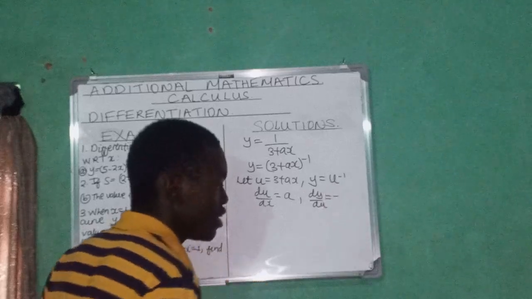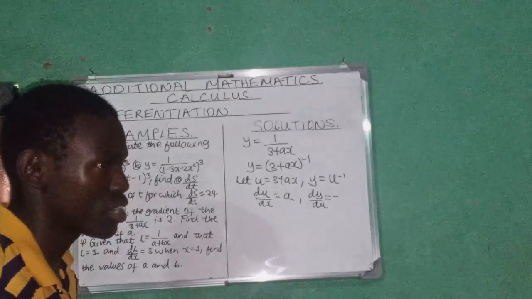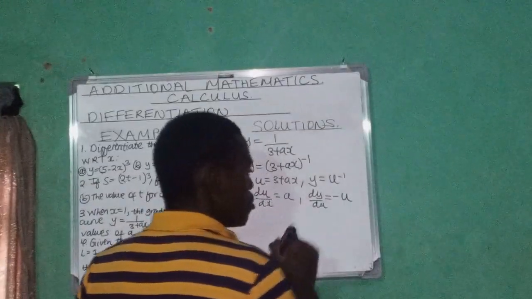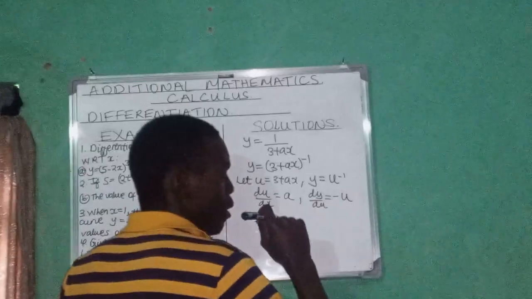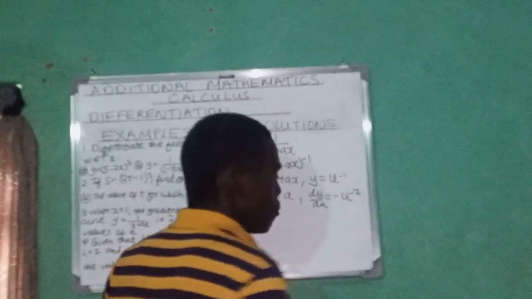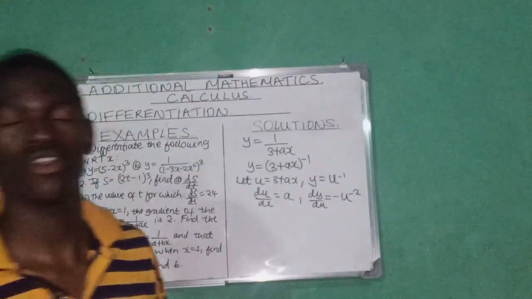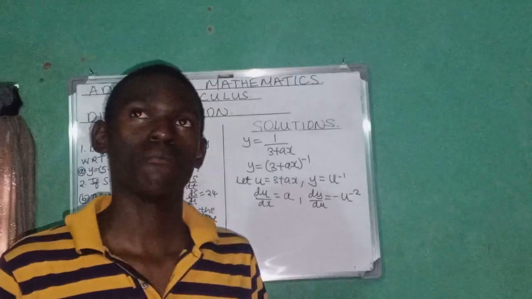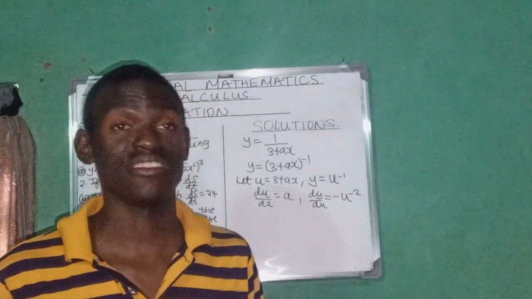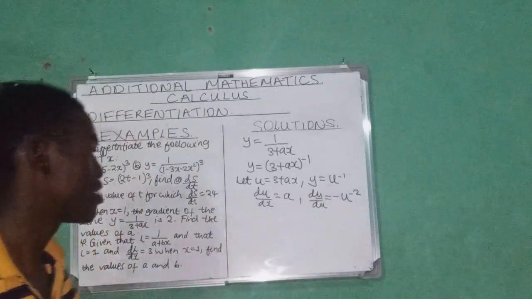Because what is in front is a positive 1, negative 1 times a positive 1 will be negative 1. U to the power negative 1 minus 1, you are going to have negative 2. Be careful here, someone can even find 0 if you don't know your integers very well, and get u to the power 0, which cannot happen here.